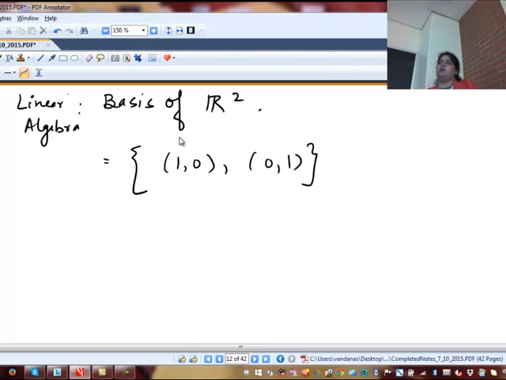When this word linear independence comes, you take a linear combination and find those scalars. If those scalars are 0, the members are linearly independent. And for span, if I want to write (2, 3) in R2, which is a point in R2, how can I write it in terms of these two points?